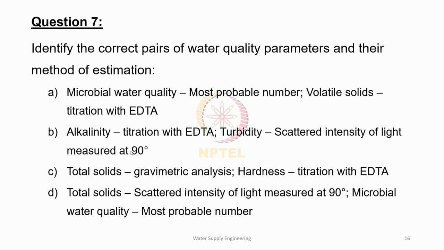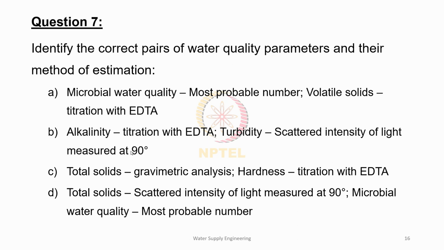So next question, question number 7. Identify the correct pairs of water quality parameters and their method of estimation. Option A, microbial water quality, most probable number, volatile solids, titration with EDTA.